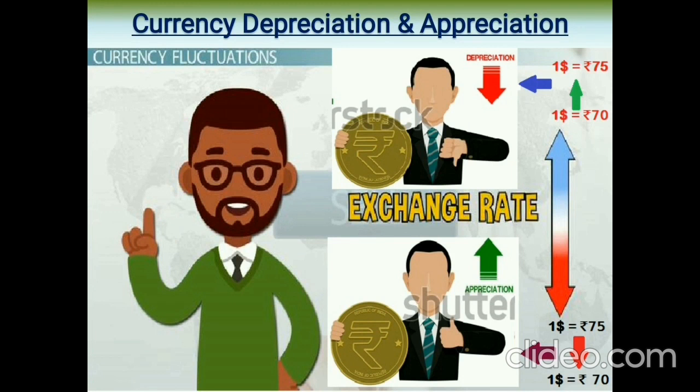If the rate of exchange increases, it will lead to depreciation of domestic currency. Simply, you can see that if 1 USD is rupees 70 and it increased to 1 USD to rupees 75, it leads to depreciation of domestic currency, as you see in the picture. And on the opposite side, if the exchange rate decreases from 1 USD rupees 75 to 1 USD rupees 70, it means the rate of exchange decreases from rupees 75 to 70, it will lead to appreciation of domestic currency.